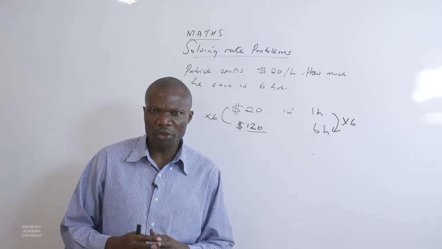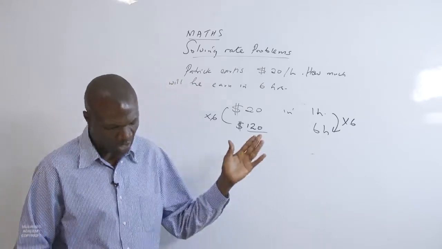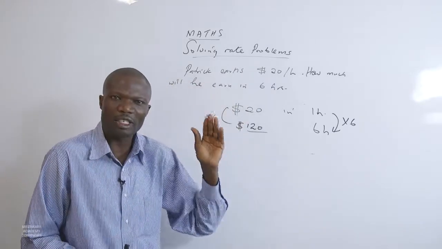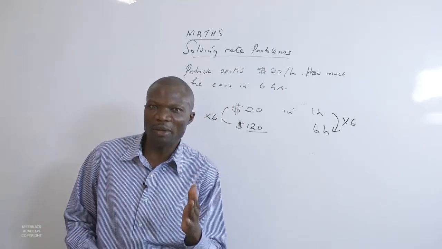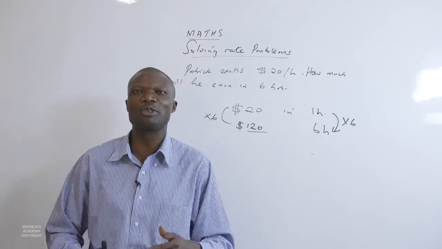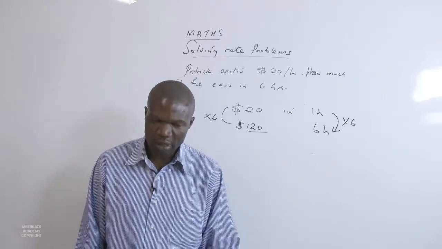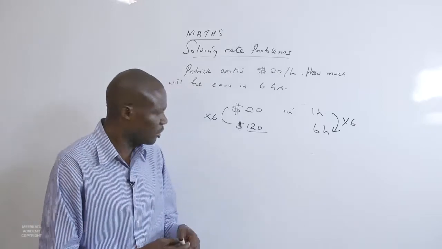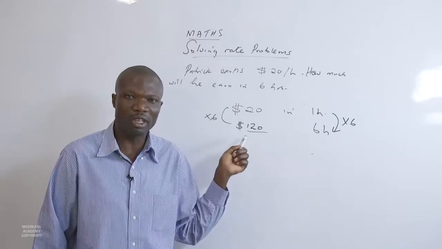The question also follows, if Patrick earns what we have here, $20 per hour, how much time does he require to work to earn $70? Yes, the question is that. So this time, we are not talking about the hour. This time, we want to look at the dollars.